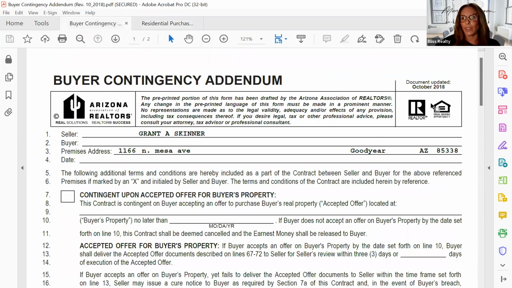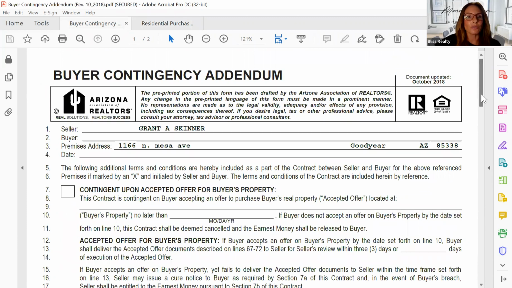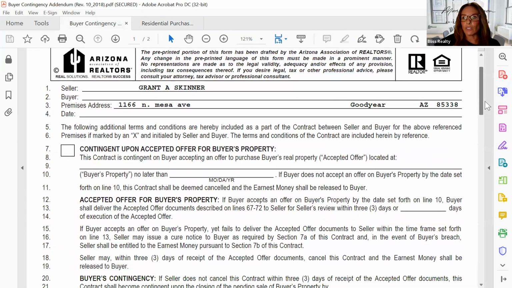Contingencies. Okay. So this is where a lot of agents get a little confused. The first part right here is only filled out if your client has a contingency, they have a house to sell, that's a contingency, okay? And the house does not have an offer.